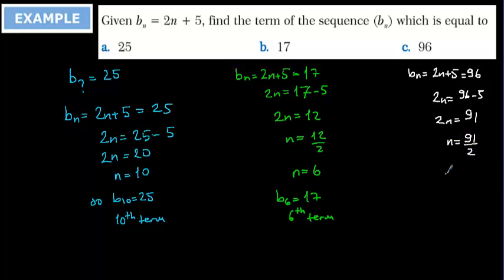And as you see, 91 over 2 is not an element of the natural numbers, and n must always be a natural number. That's why 96 is not a term of this sequence.